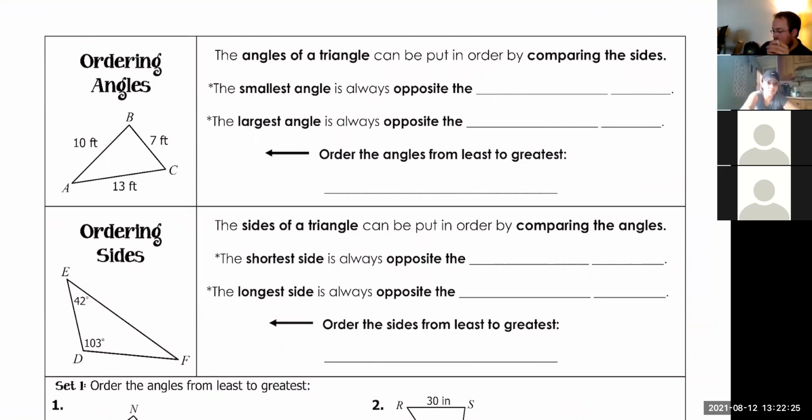The angles of a triangle can be put in order by comparing the sides. There's a very direct relationship there. The smallest angle is always opposite the, any guesses? Large. The smallest angle is actually opposite the shortest side. Which then would mean that the largest angle is always opposite the longest side.